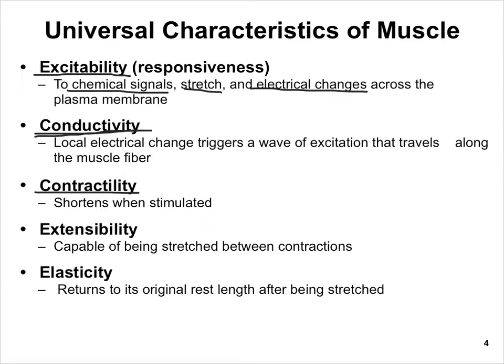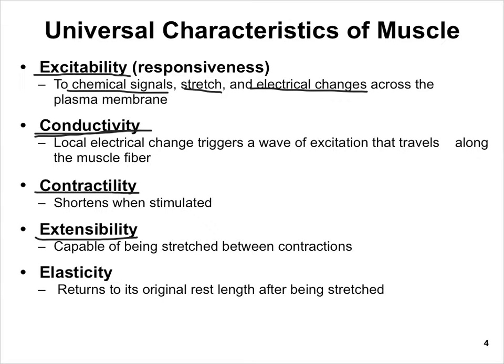Muscles are also extensible. So they don't just contract, they also stretch. That kind of makes sense, because if you contract a muscle, if it wasn't able to stretch back out, then it wouldn't be able to return to its zero position.